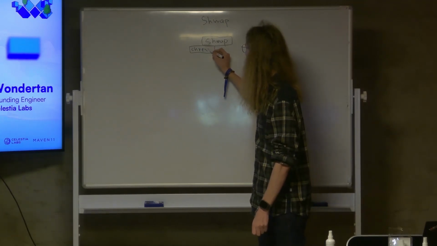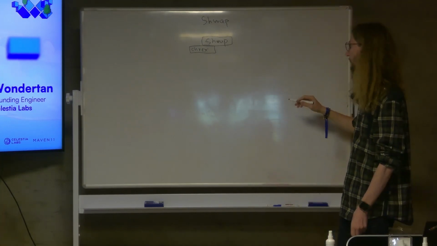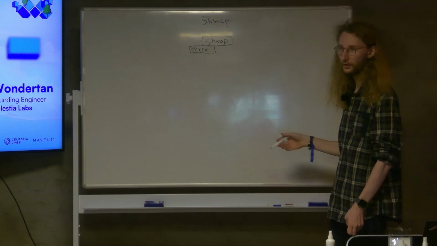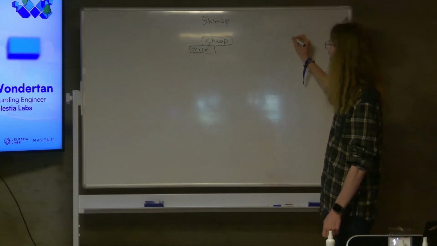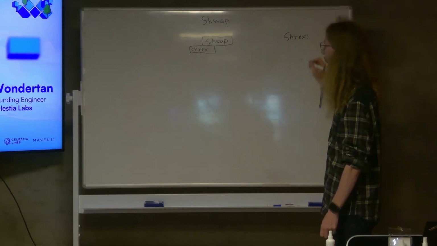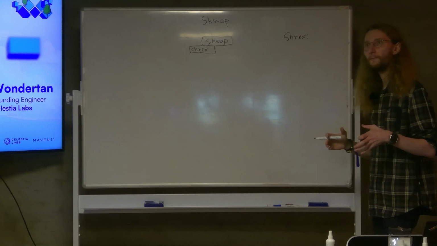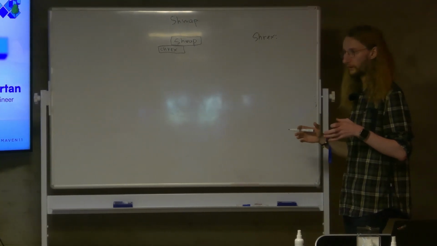So first is Shrex. A little bit of overview of Shrex. It doesn't do sampling, so we're not going to dive deep into it. But some properties of it are that we use Shrex mostly for finding and transmitting large blocks over the network.